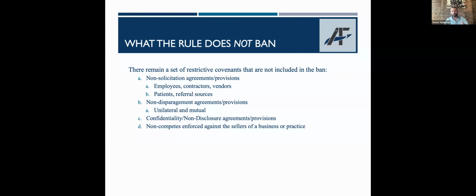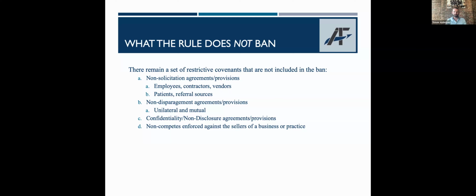My concern here is with this overly broad and expansive understanding of what a non-compete is and also who it's going to touch. It may have a bit of a chilling effect on some of the valuations that businesses, especially medical practices, get on sale.